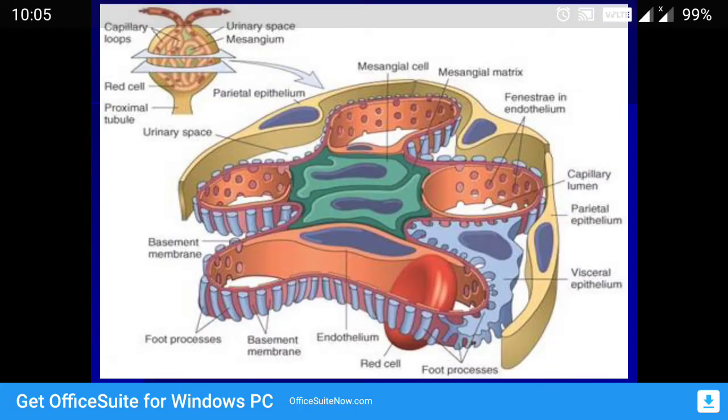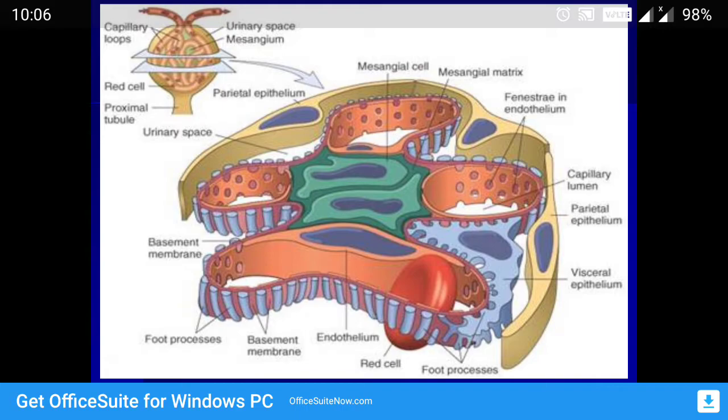This is a photograph showing you where the filtration is taking place. You can see one RBC, a red colored, disc shaped RBC, and the red colored lumens are the blood vessels. From the blood vessel into the urinary space, you can see a space between two cells.